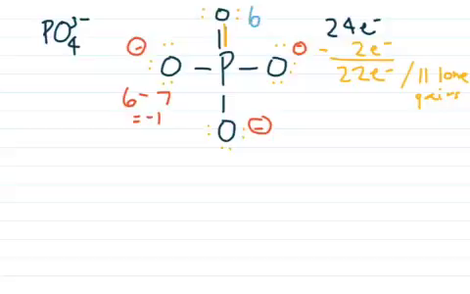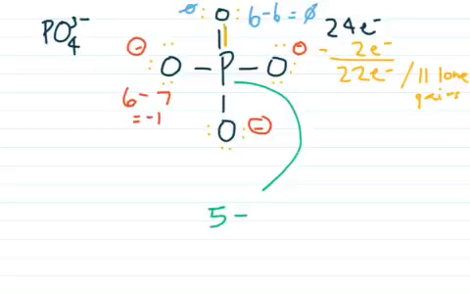We need 6 for oxygen, and we have 1, 2, 3, 4, 5, 6. So it gives us a formal charge of 0. Now let's take a look at phosphorus. Phosphorus needs 5 valence electrons, and we have 1, 2, 3, 4, 5. So it also has a formal charge of 0.